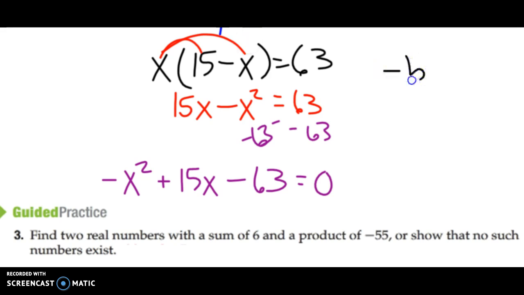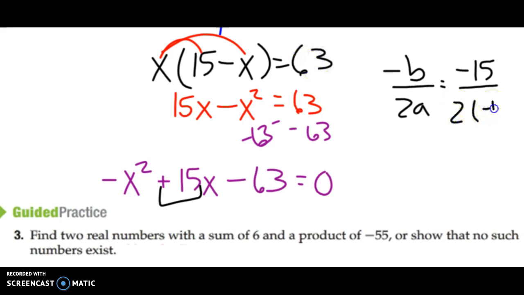So negative b over 2a. My b is 15. So negative 15 over 2 times negative 1. Well, negative 15 divided by negative 2 is going to be a positive 7.5. So that's going to be in the middle of my table.